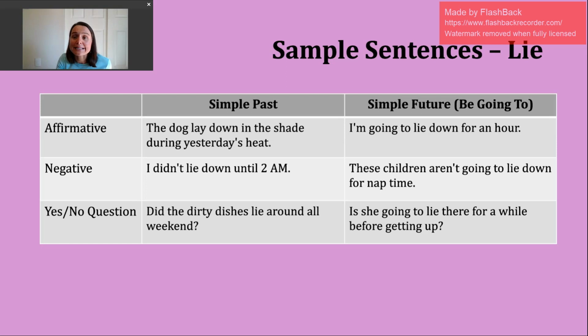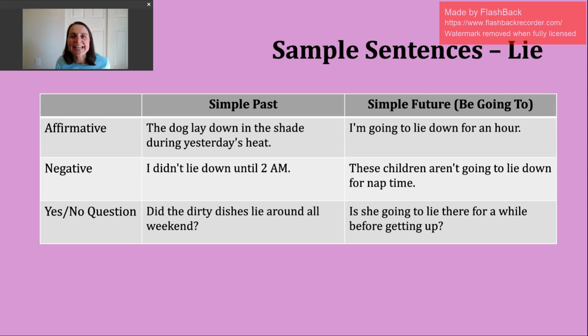Now let's take a look at simple future using be going to. The thing to remember about making these sentences about things that are going to happen at some point in the future is that we need to have the correct form of be that matches our subject. So if our subject is I, I'm going to use am.